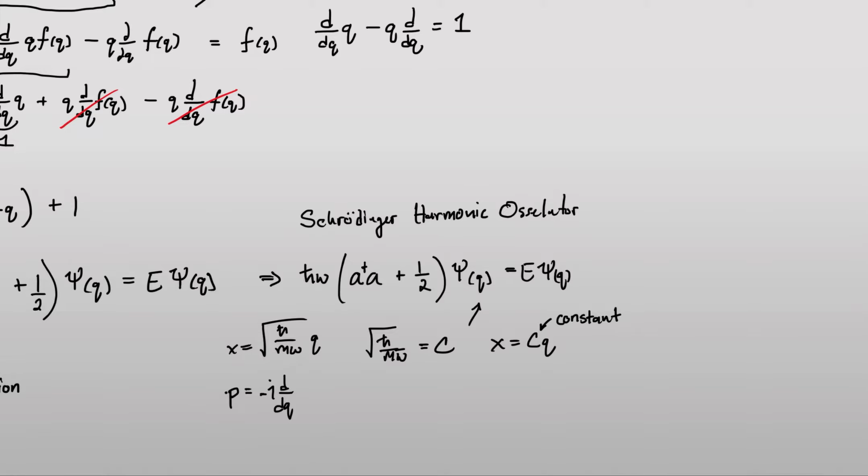And what we get is a canonical momentum, right? So q, I'll say, is the canonical spatial coordinate.